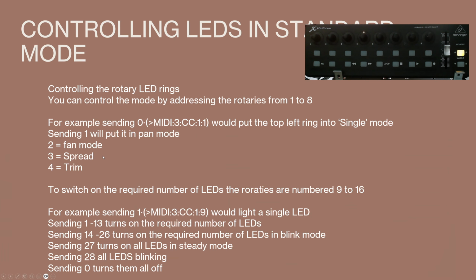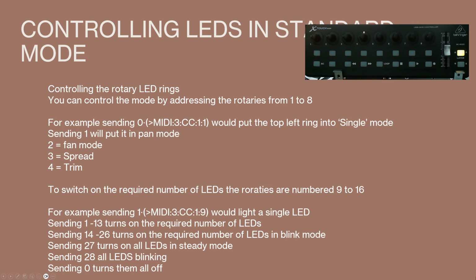Okay, so if you want to, you can change the appearance. What you really want to change is the values that you're sending to it. Rather than being 1, 2, 3, 4, 5 up to 8, if we start sending it 9, 10, 11, 12, same command, but starting at 9, we can send different values to it. So if I send anything between 1 and 13, that turns on either the right number of LEDs or the correct segment for us.